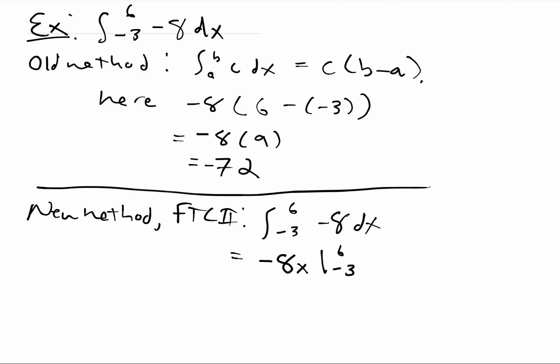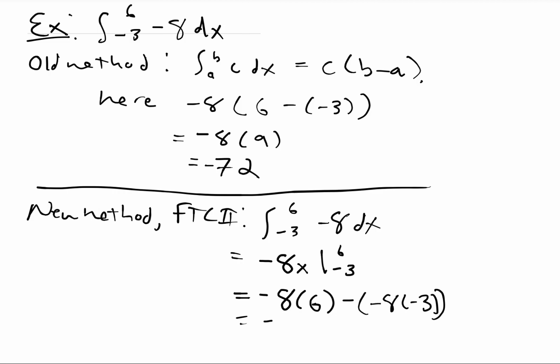Now I can go ahead and plug stuff in. You always want to substitute in the top bound first, and when I say top, I mean physical location, looking at the numbers on the page. I don't necessarily directly mean the larger number, just whichever one actually appears on the upper part of that notation. Plug that guy in first. We've got minus 8 times 6 minus minus 8 times negative 3.